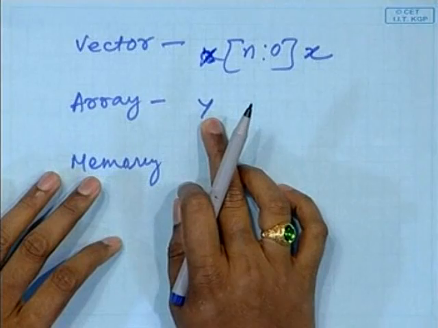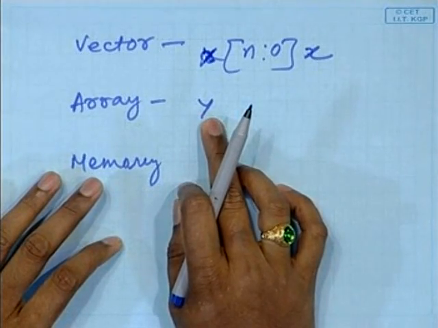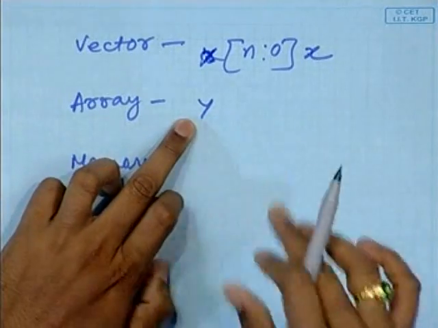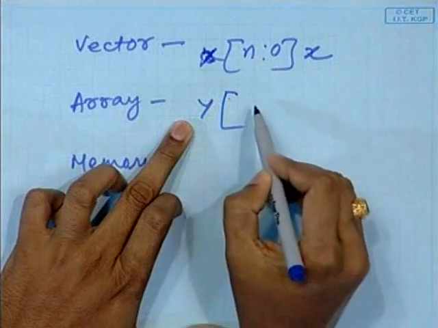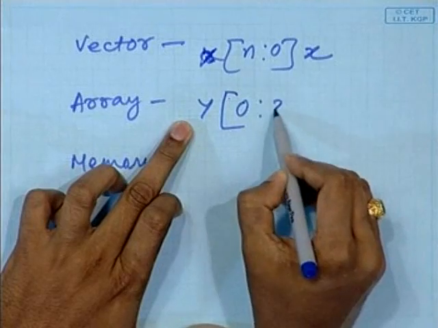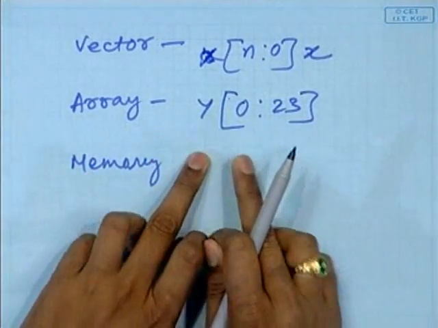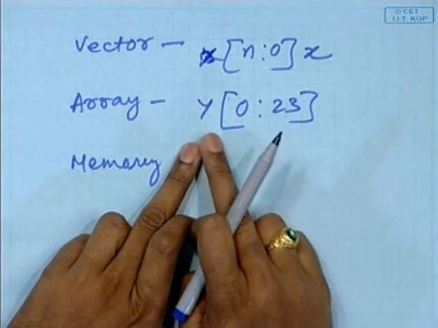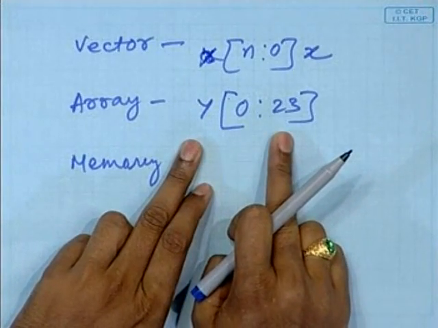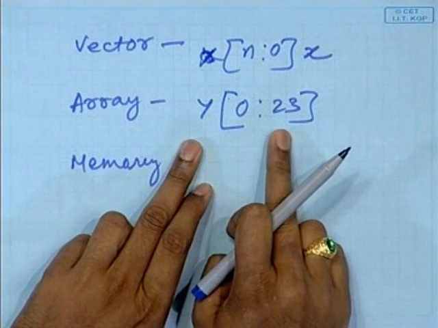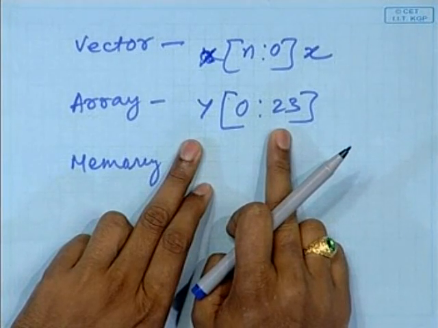When you are declaring an array with 24 elements, you have to declare y as 0 to 23, right? So y is an array having 24 elements.